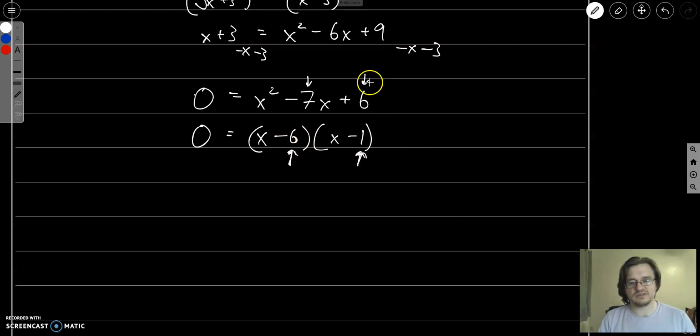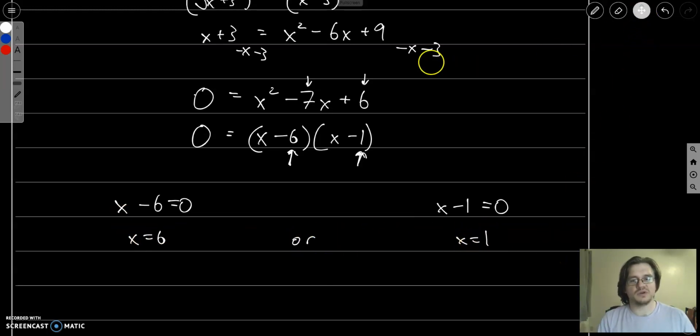The product of those numbers should be 6, and the sum of those numbers should be the term in the middle, which is negative 7. Again, here we can solve this because I have two numbers multiplied together to get 0. One of them will have to be 0. So in this case, x is 6, or x is 1.